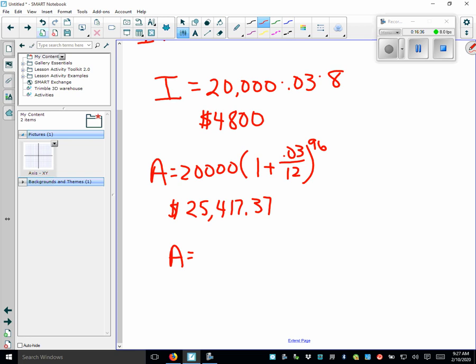Does A equal 20,000 e to the 0.03 times 8? 25,424.98. Almost $8 more, 61 cents. Wow, that's worth it.